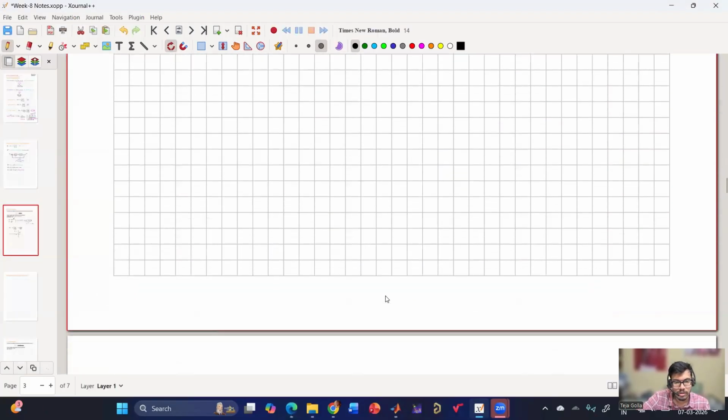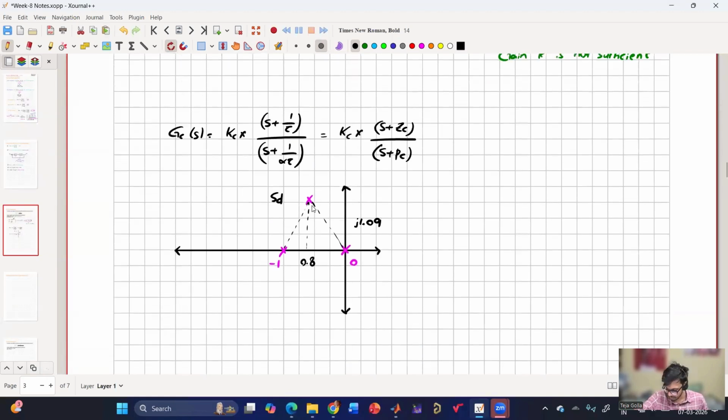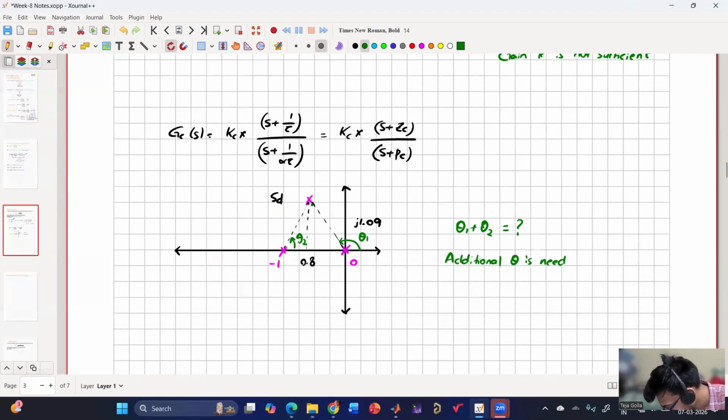So you have to calculate this angle as well as this angle. So this is theta 1, this is theta 2. You have to calculate how much theta 1 plus theta 2 is, and then see how much additional theta is needed to achieve the phase criteria of (2n plus 1) into 180 degrees. So how much additional phase is needed to achieve this phase criteria?